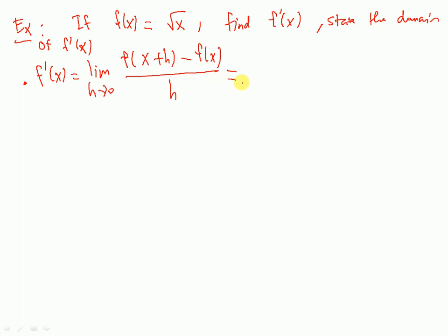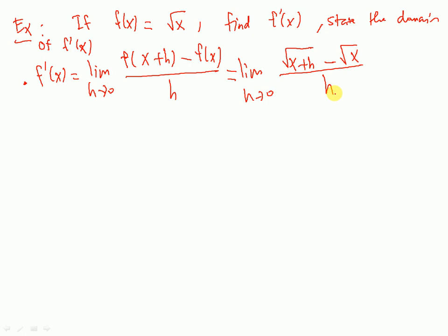Now write out the limit again. F of x plus h, so we have the function f of x, so x plus h now is in the place of x, right? So take this radical x, you take this whole thing, plug in, and then minus f of x, which is this thing, we already have it, over h.